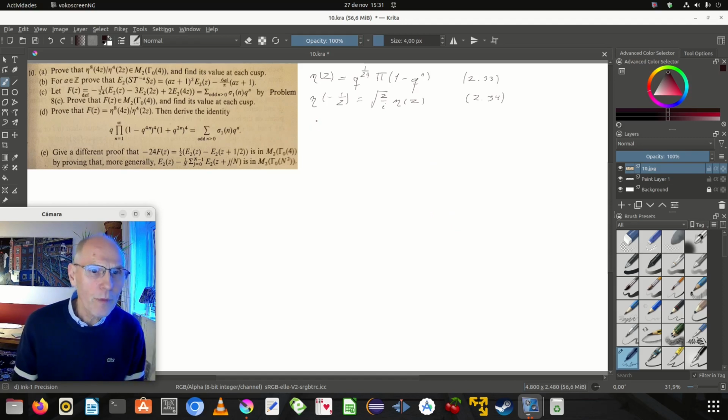Well, I had the idea while solving problem 9 that it was an auxiliary problem, and maybe we're going to use it right now on this function.